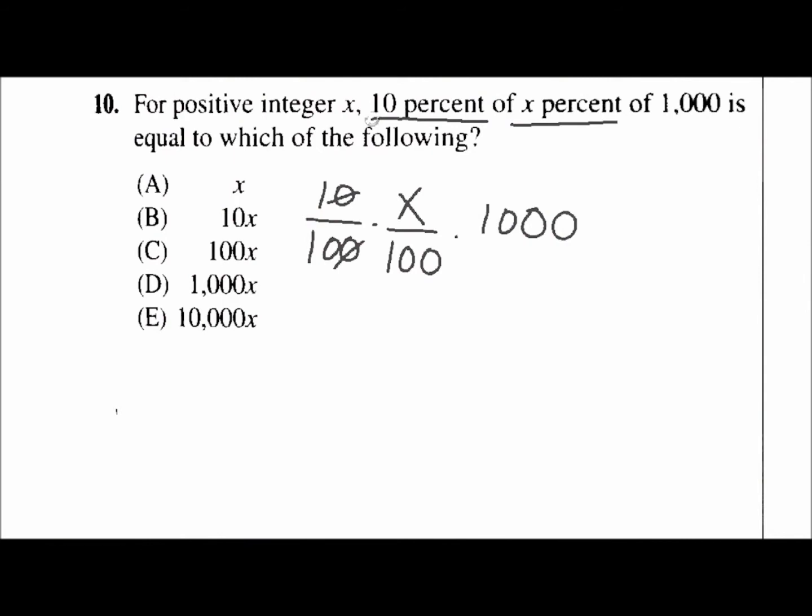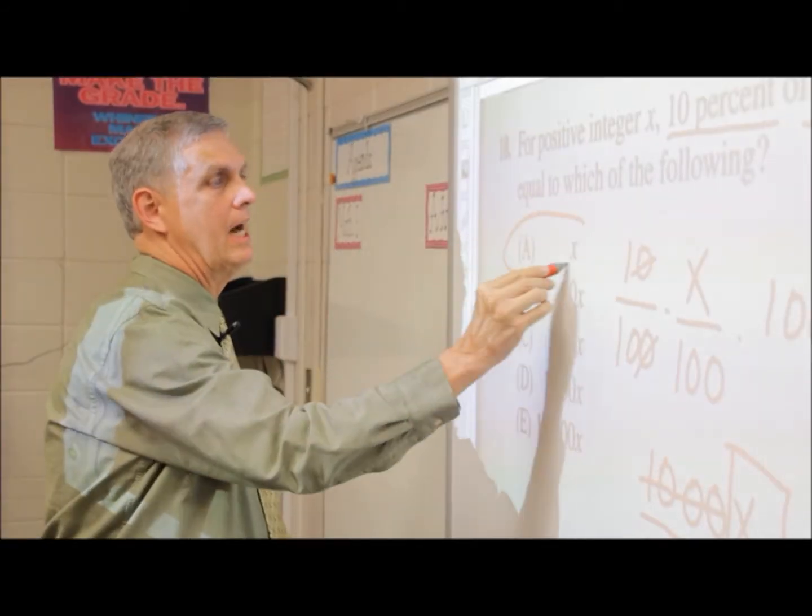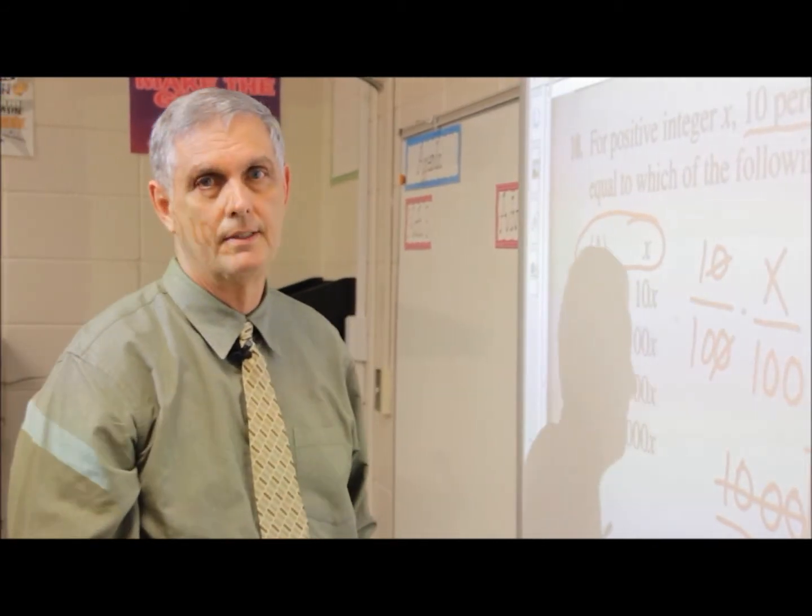And I end up with 1,000x over 10 times 100, which is the same as 1,000. And right away you should see how you can cancel here. And when you cancel, what do you end up with? You end up with just plain old x, and that is our answer.